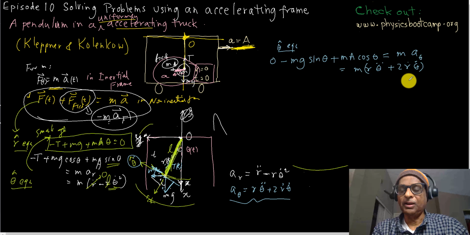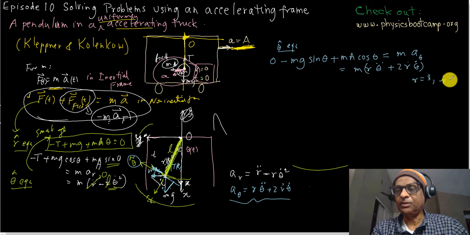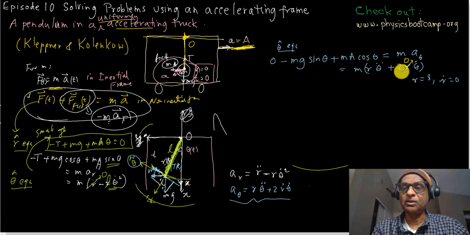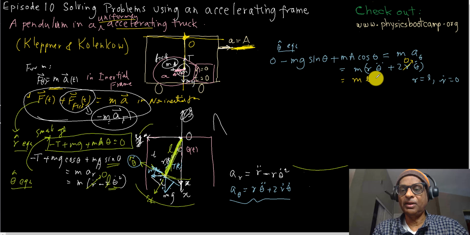Now r equals L, then r dot equals 0, so you can see this term is 0, and so this just becomes m L theta double dot.